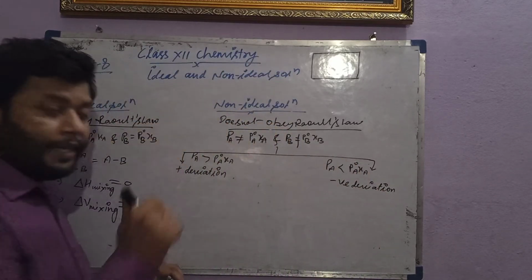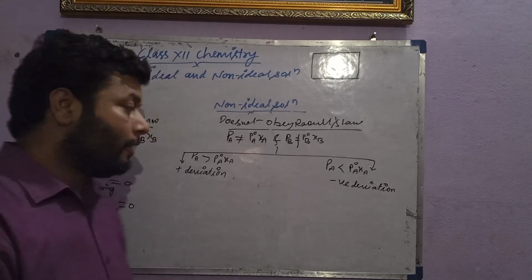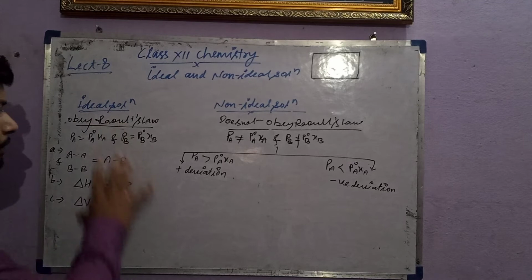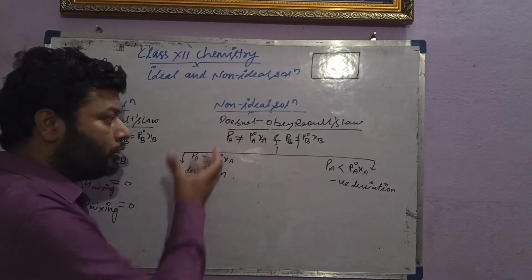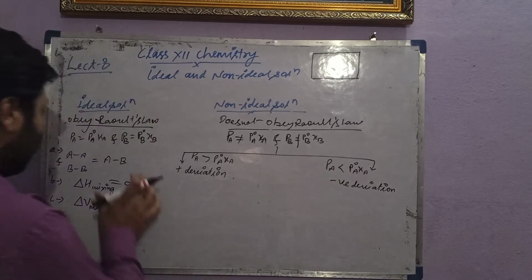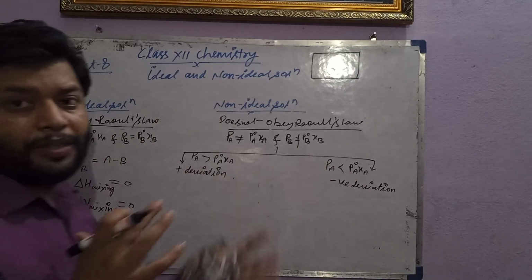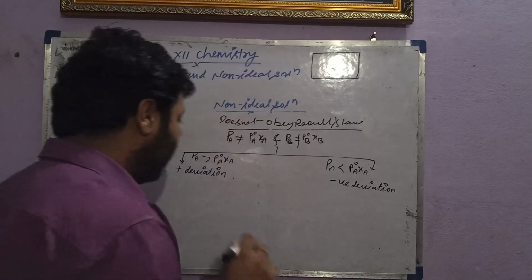So the expectation is not fulfilled. What is the expectation value from Raoult's law? Here it is positively deviated and here negatively deviated, and the reason is the force of attraction between the molecules.